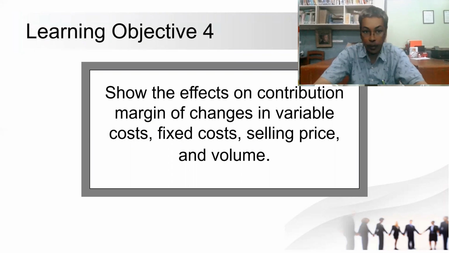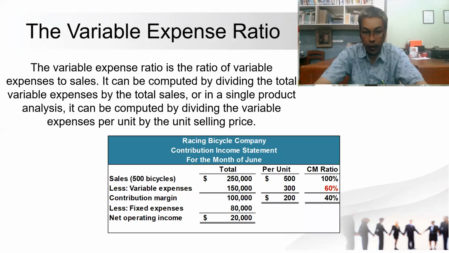The variable expense ratio is the ratio of variable expenses to sales. It can be computed by dividing total variable expenses by total sales, or in a single product analysis, by dividing the variable expenses per unit by the unit selling price.